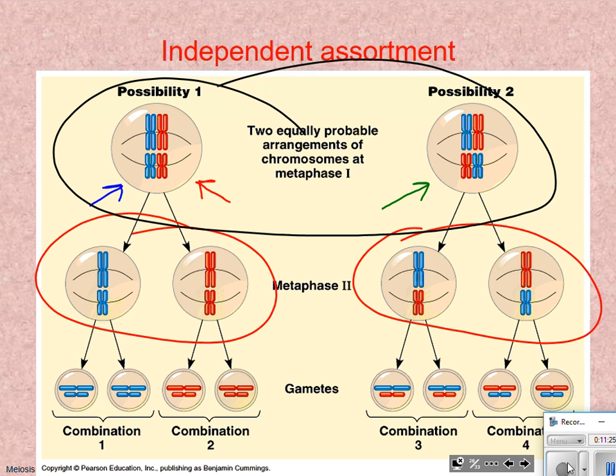What if we had 23 different ones lined up? How many different ways could those line up on that metaphase equator? A bunch, right? If we're talking about 23 of them, think about how many different possibilities there would be. There would be a bunch. Okay?